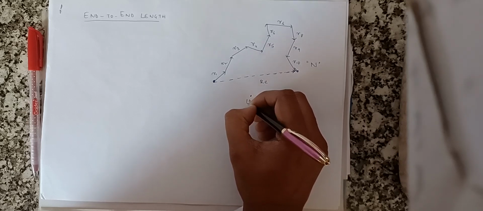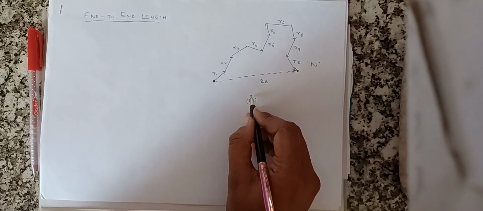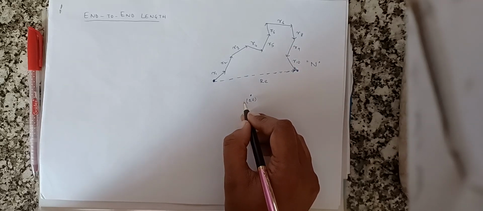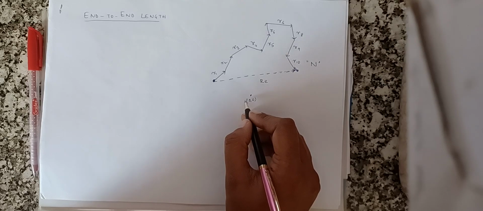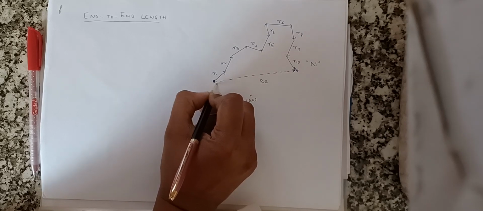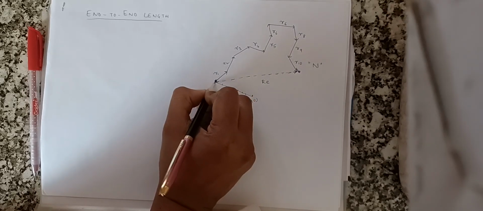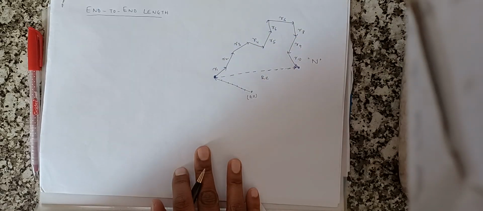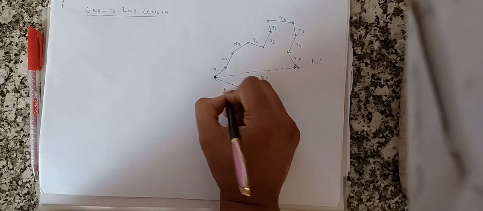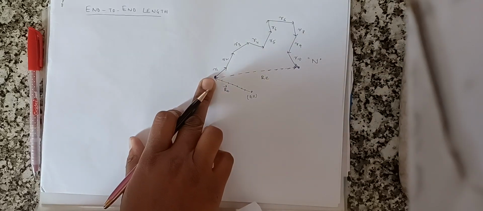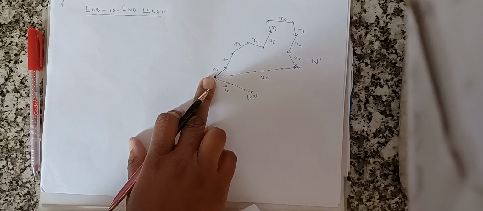Let us consider this to be the origin, and with respect to this origin, we define some position vectors for each of these monomers' initial and final points. So we join these 2 points. Let us call this vector r0, the position vector of the first point, the tail of the first monomer.